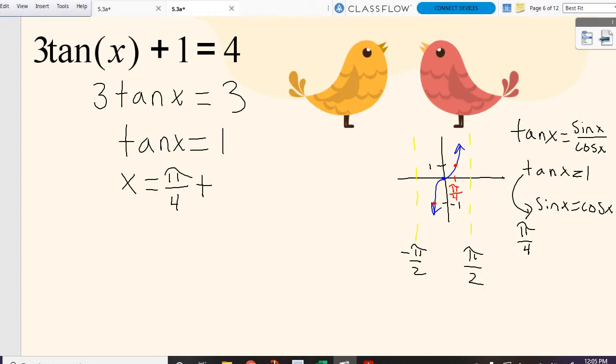Yeah. They have a period of just pi instead of 2 pi. So this time we're going to add in pi n instead of 2 pi n. So technically, it would also be a positive 1 in our third quadrant as well, which would give us 5 pi over 4.